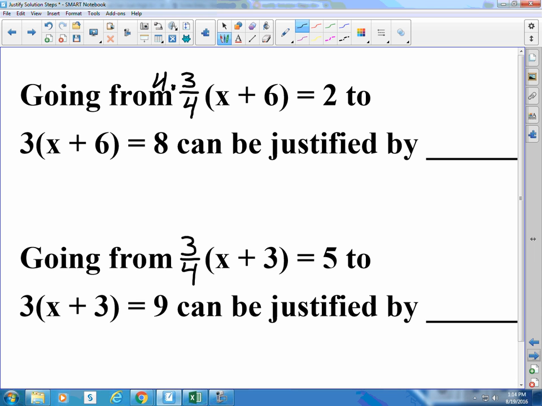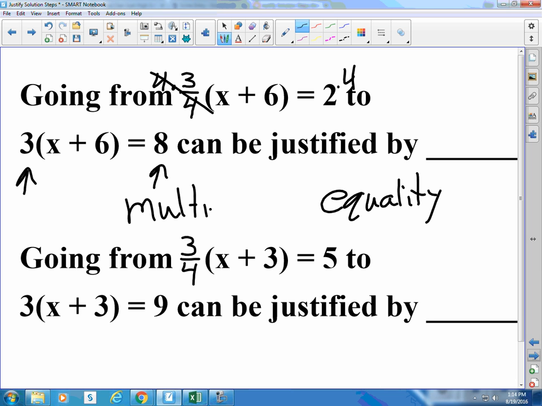So if I multiply both sides by 4, 2 times 4 is 8. 4 divided by 4 is 1. 3 over 1 is just 3. So I basically canceled out the divide by 4 by multiplying by 4 on both sides. And since I've done it on both sides and they're still equal, then it's an equality. And what we did was multiply. Multiplication equality.